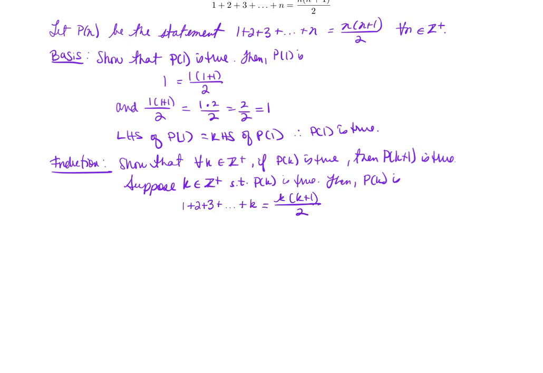This is essentially what we're going to use as our pseudo definition. Because when we try to show that P of k plus 1 must be true because this one is, that it's compelled to be true, just like we did for all of our other conditional statements, we're going to use P of k in our work, in our algebra.